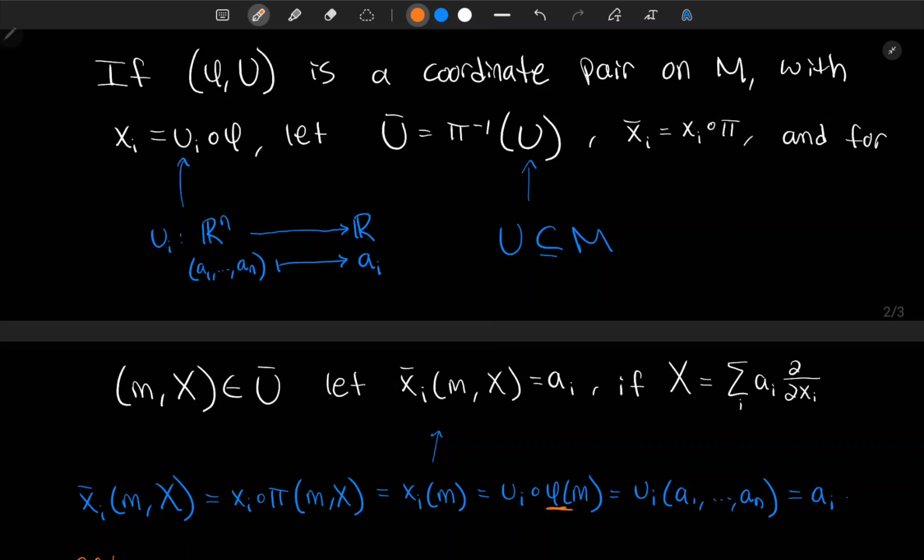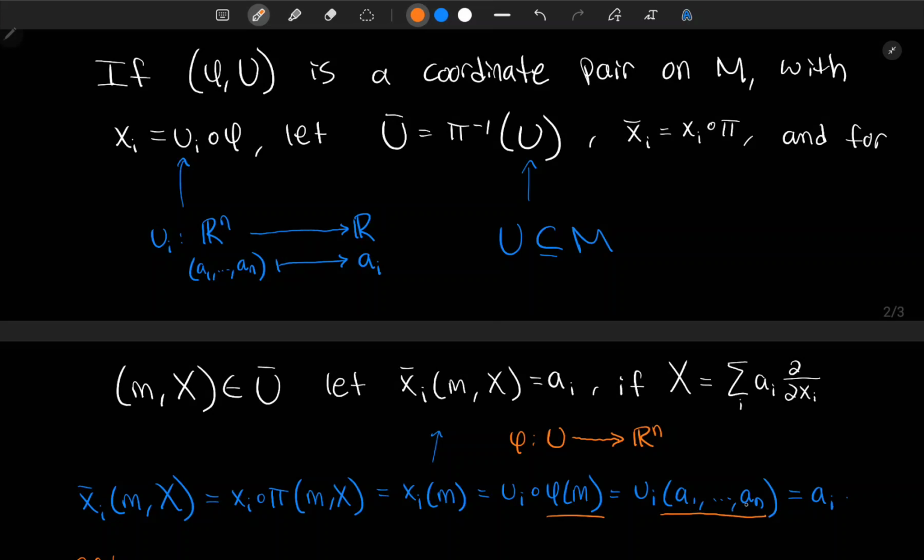Then phi, what does phi do? I'll write it here, phi is a map from U, some subset of the manifold M, and we map it onto R^n. So we just say, let phi(m) be some vector in R^n.